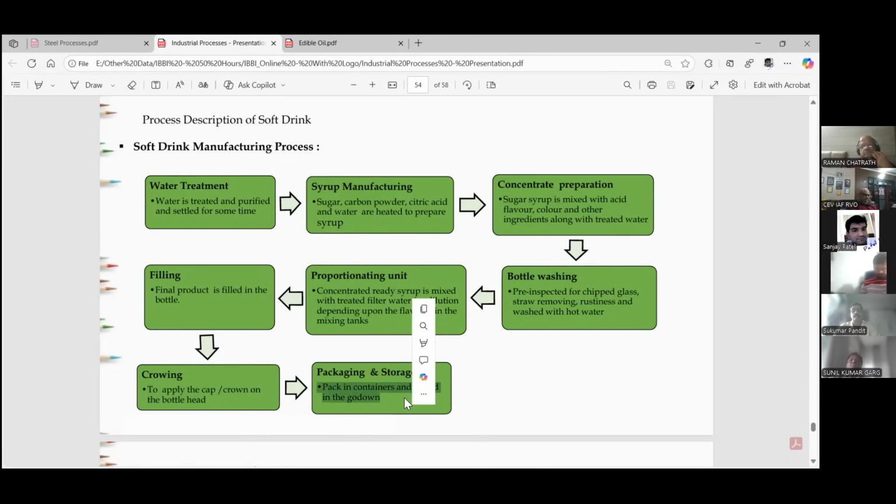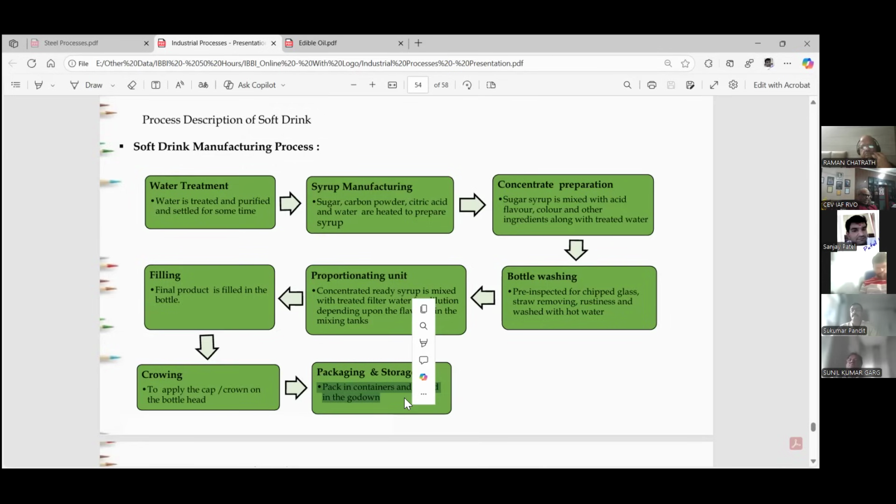So treated water is used for syrup making, which is used for making of the beverages, and the beverage is filled in glass bottles collected from the market. Before filling, they go for washing and physical inspection.